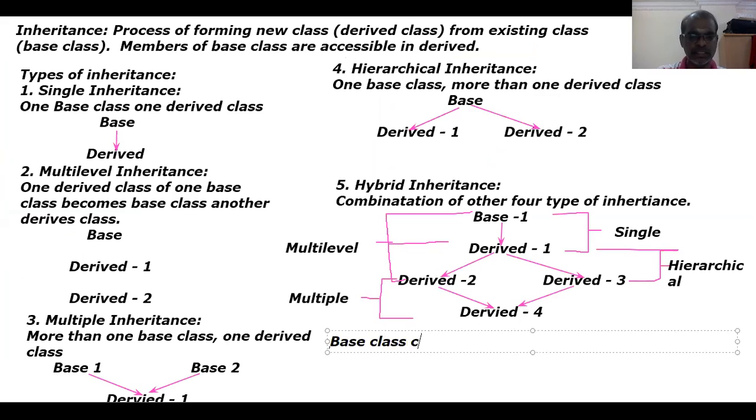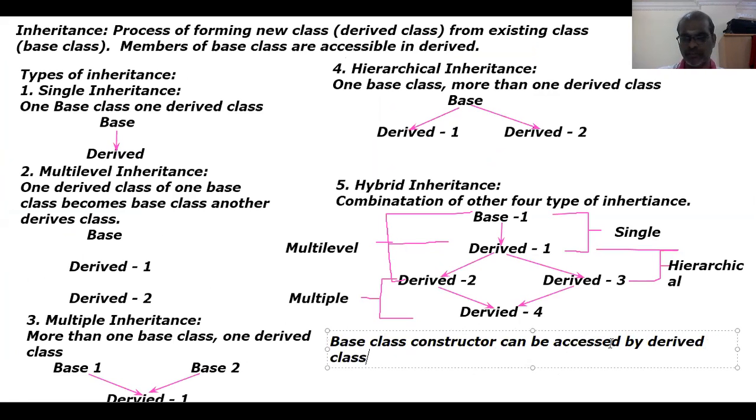The base class constructor can be accessed or called by the derived class in two ways.